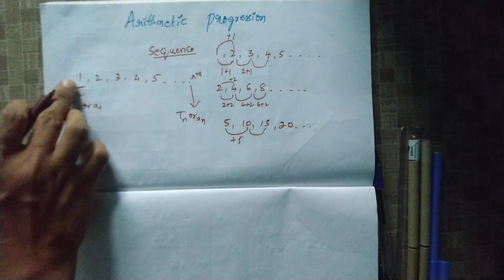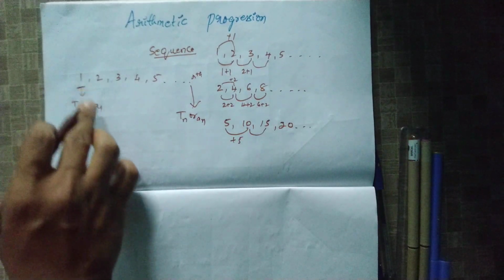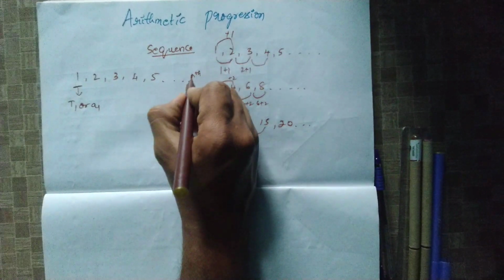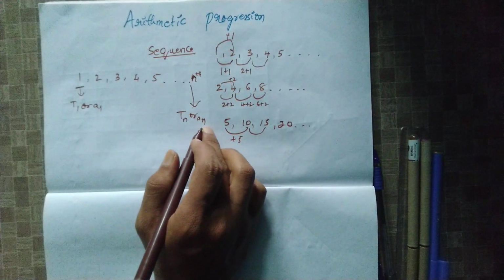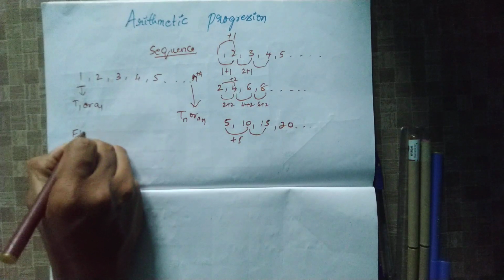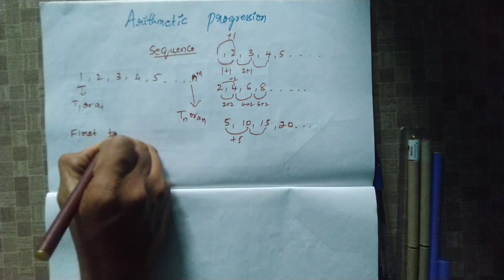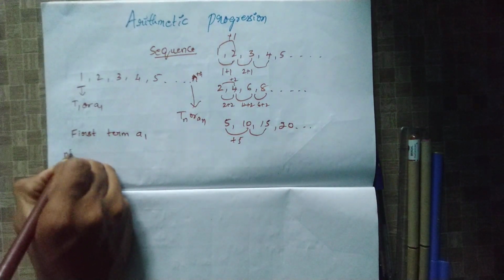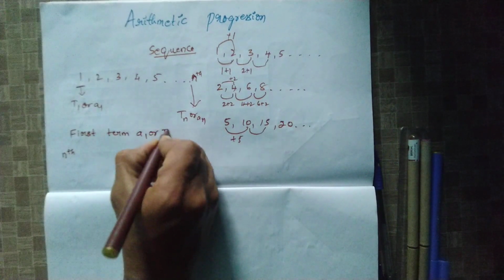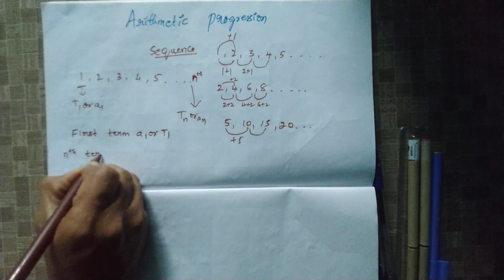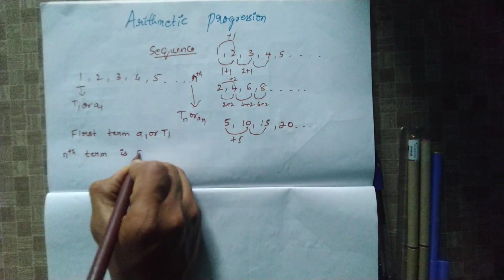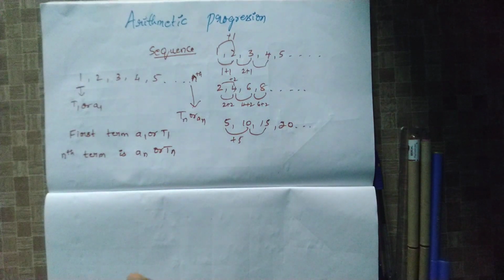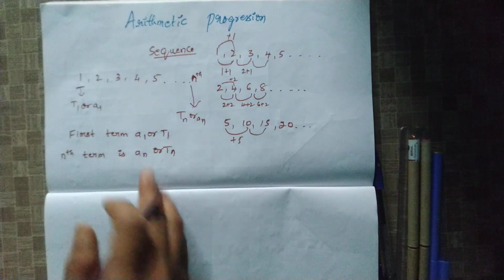The number occurring at first place is called T1 or A1, the first term, and the number occurring at the nth place is called Tn or An.